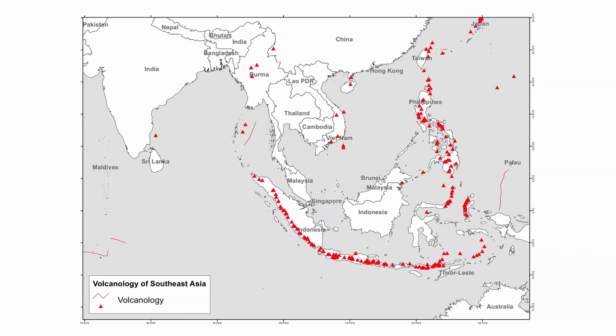The location of volcanoes in this region: in the eastern side of the Sunda region, there are very many volcanoes all the way up through Sumatra. Once we get into North Sumatra, the volcanoes are quite sparse, and not too many of them through the Andaman Islands and up into Myanmar.